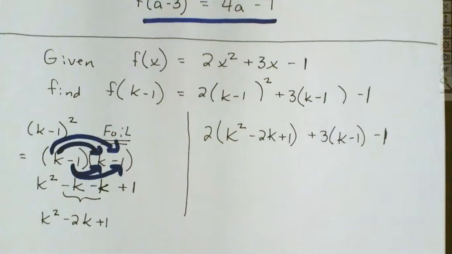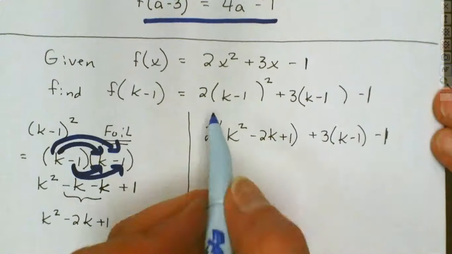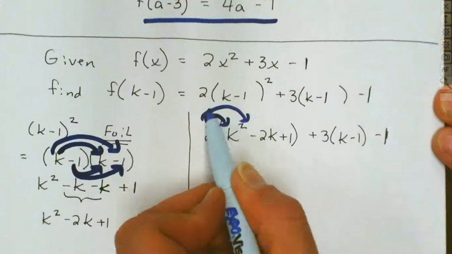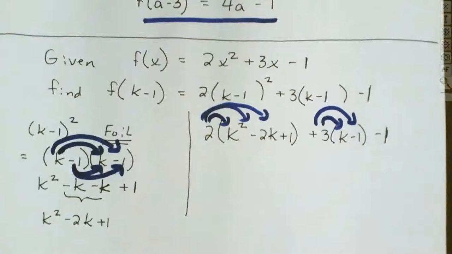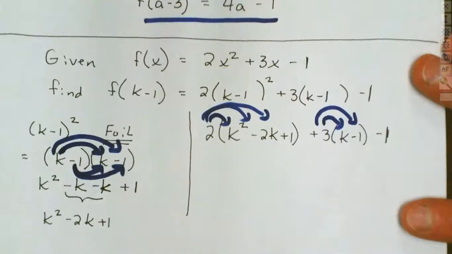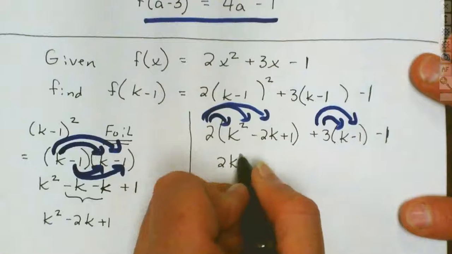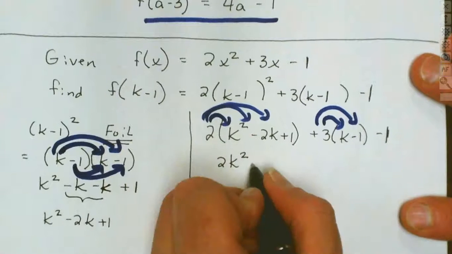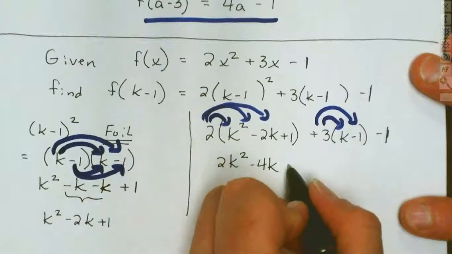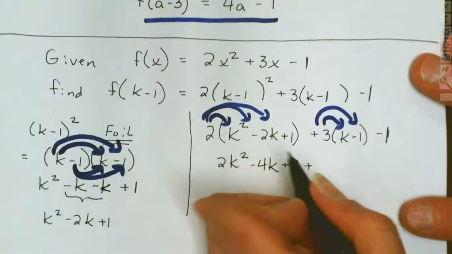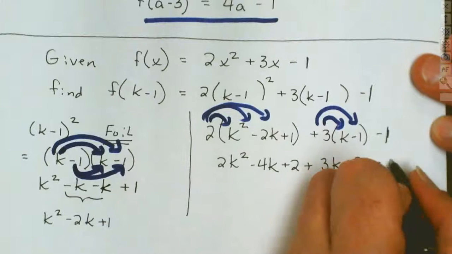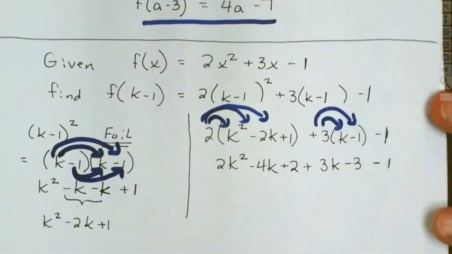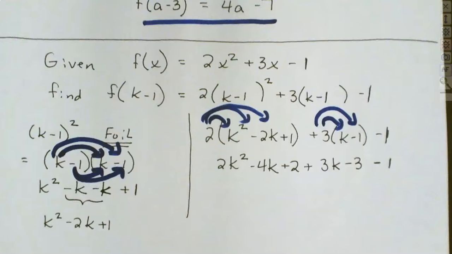Now we can distribute that 2 through, and distribute that 3 through, so we can see what we're working with here. So distribute that 2 through, and that's 2k squared minus 4k plus 2. Distribute the 3 through, we get 3k minus 3, and then on the end is a minus 1. So all I did was distribute that 2 through, and distribute that 3 through.